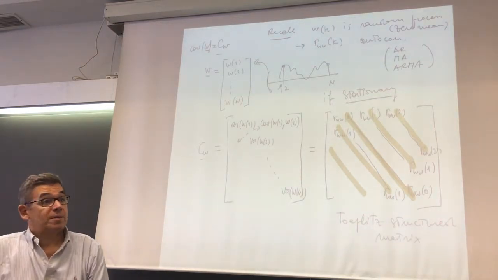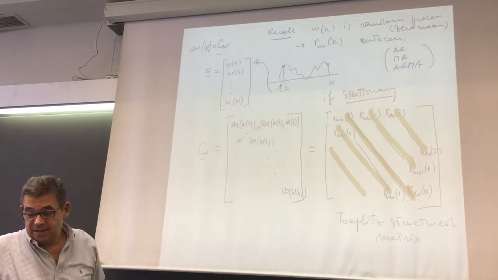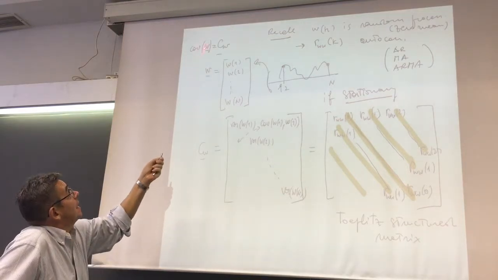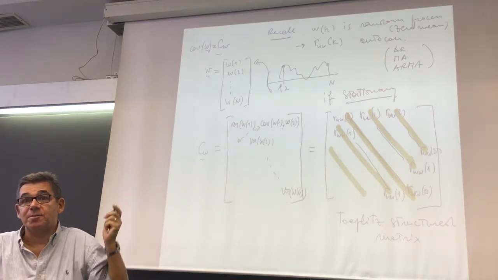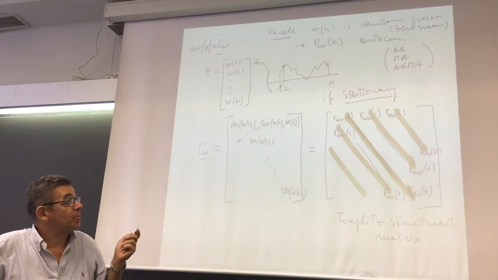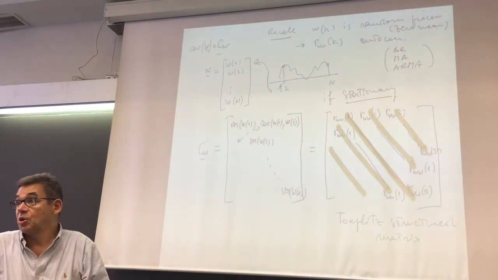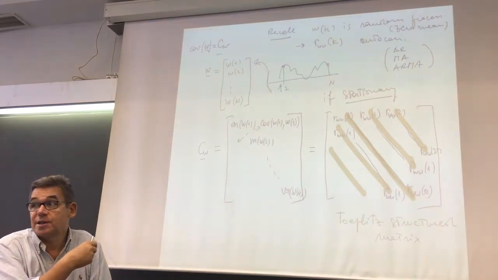So when I say the covariance of W is CW, it's not a magic number, because if we are handling a stationary process, we can write it, provided that we know the autocorrelation of the noise samples.